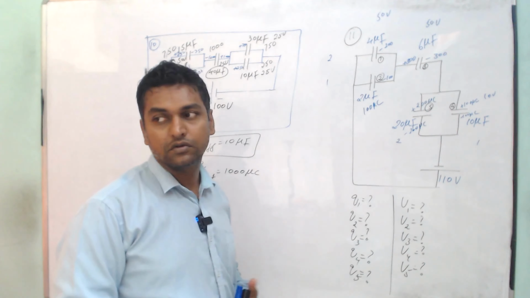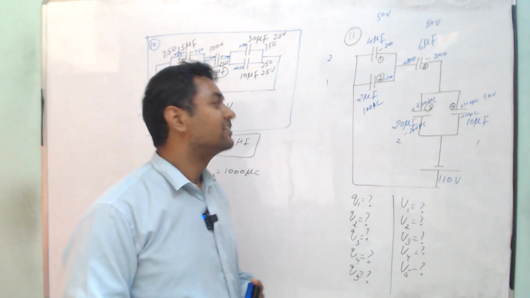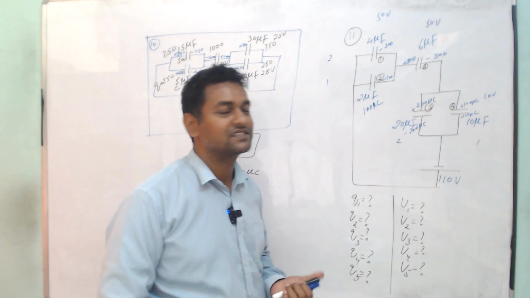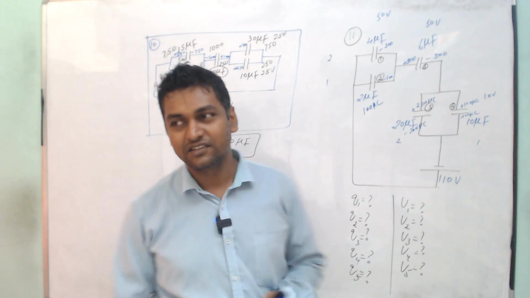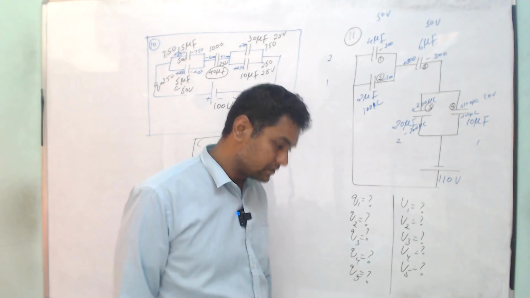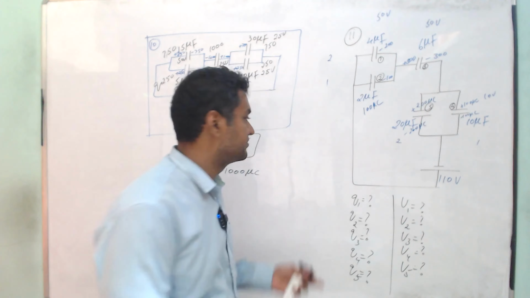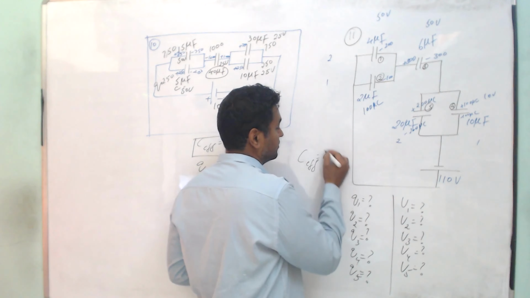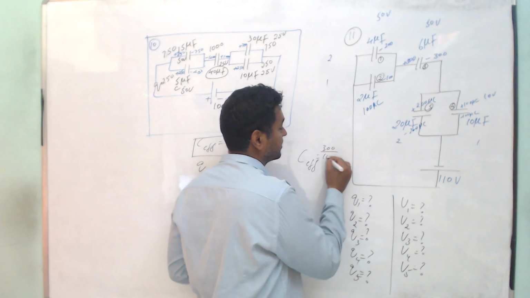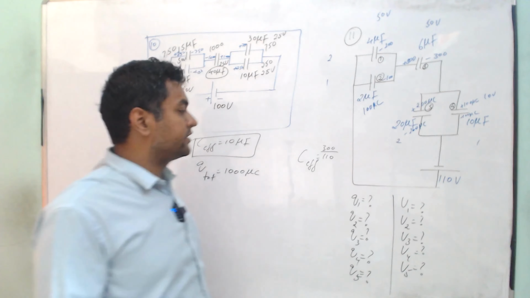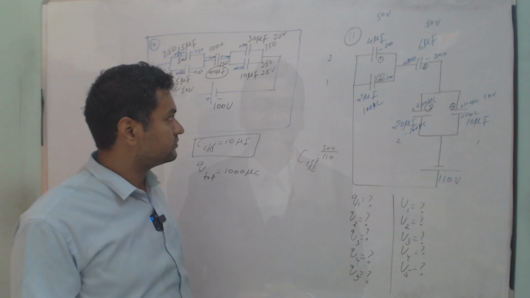We know total charge is 300 and potential is 110. So capacitance effective is equal to 300 upon 110. C effective is equal to 300 upon 110, that is 30 by 11. Clear? Yes, sir.